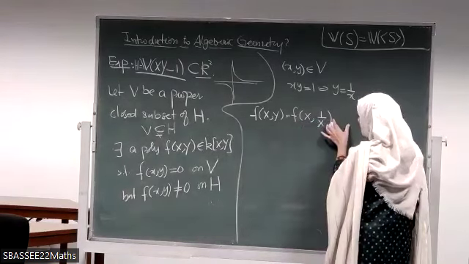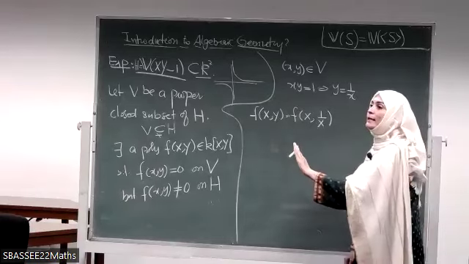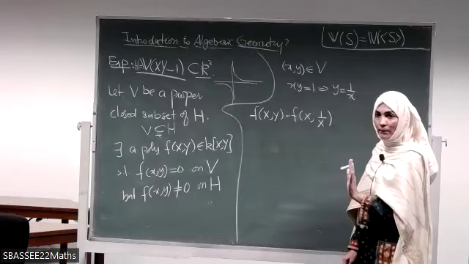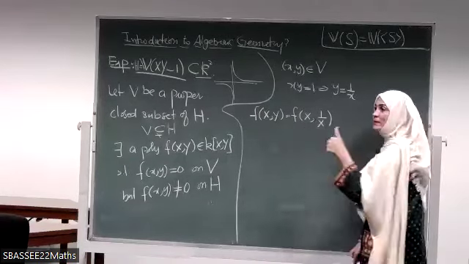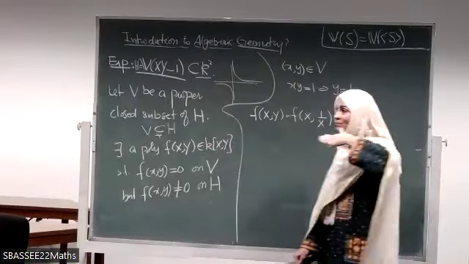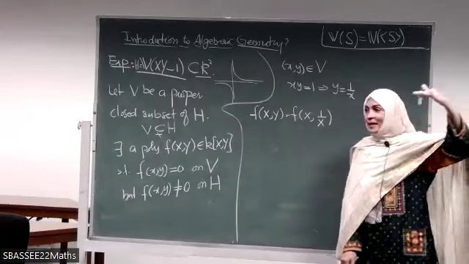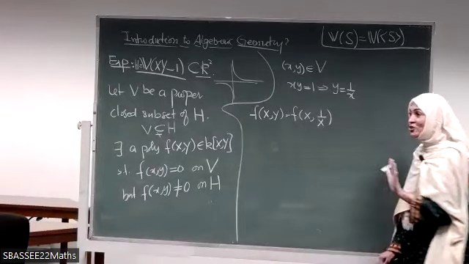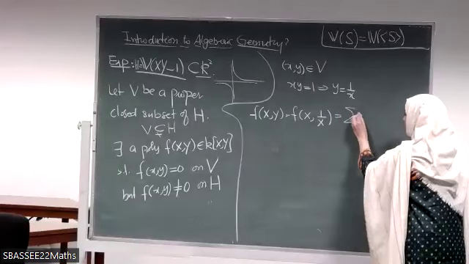And because this is not 0 on H, this means this polynomial is not identically 0 on H as well. But what is this one? This is a single-variable expression in x, which has some negative exponents as well. Right? So this is not a polynomial actually. You will get something like that.